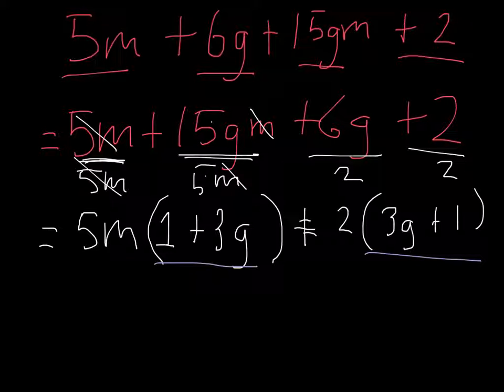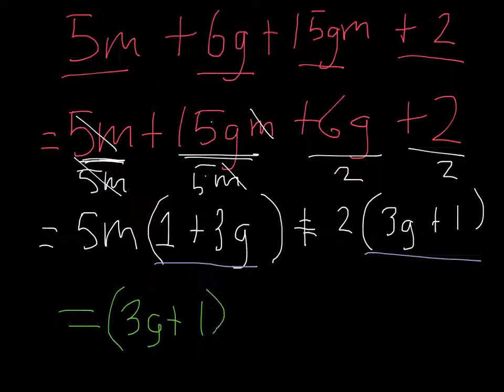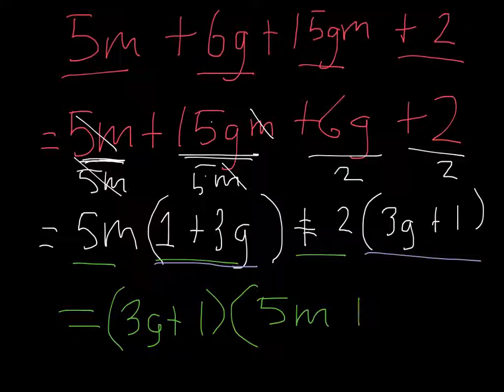So in the answer, our first bracket is going to be 3g plus 1, or you could have written it as 1 plus 3g, it wouldn't have mattered, it's the same thing. And the other bracket is going to be the other two terms, so 5m plus 2.